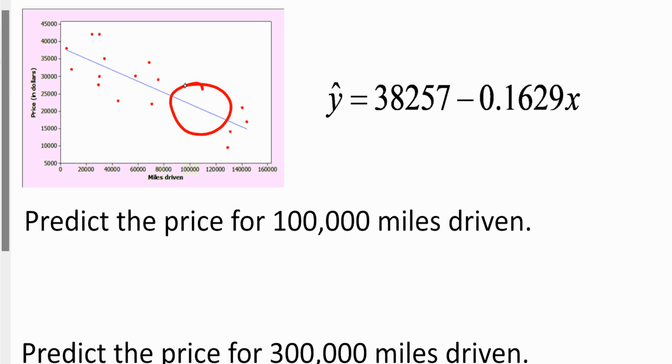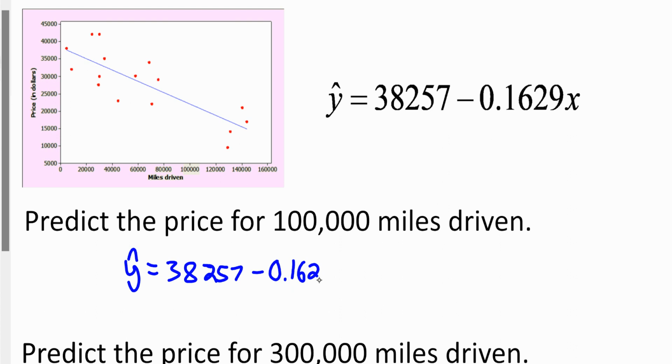So let's predict. Let's take this least squares regression line equation and plug in. Let's plug in for x because that is the number of miles driven, and we're going to plug in 100,000. And what do you get?